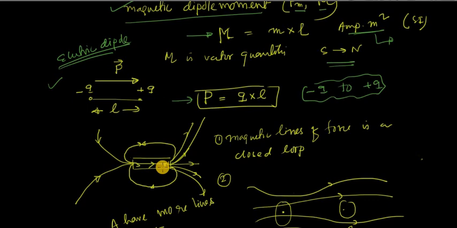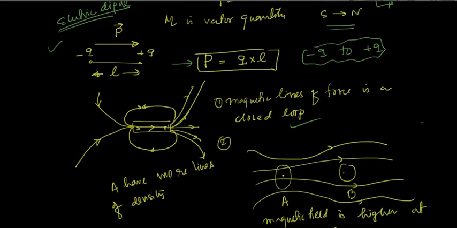So we can conclude that magnetic lines of force form a closed loop, because outside the material they come from the north pole and end on the south pole, and inside the material they come from the south pole and end on the north pole. So magnetic lines of force form a closed loop.